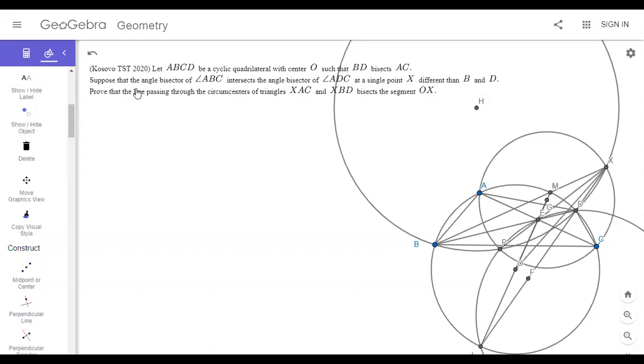Is it that? Okay, so basically you're saying that P lies on the circumcircle of M1, M2, X. I'm just thinking through this.